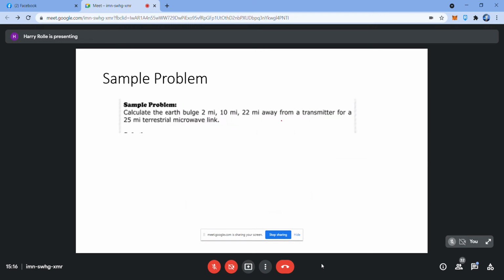So let's calculate the Earth bulge at 2 miles, 10 miles, and 22 miles away from the transmitter for a 25-mile terrestrial microwave link. It goes like this, children. If this is your tower and this is the other tower, what is the full distance?